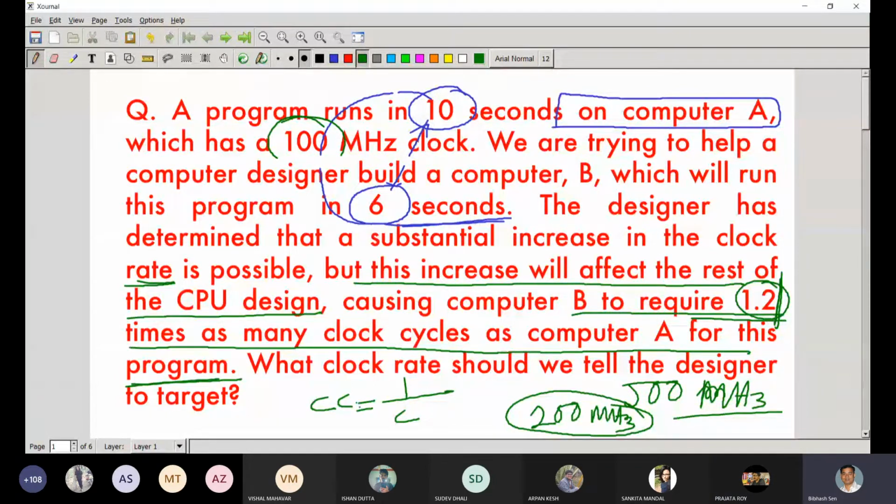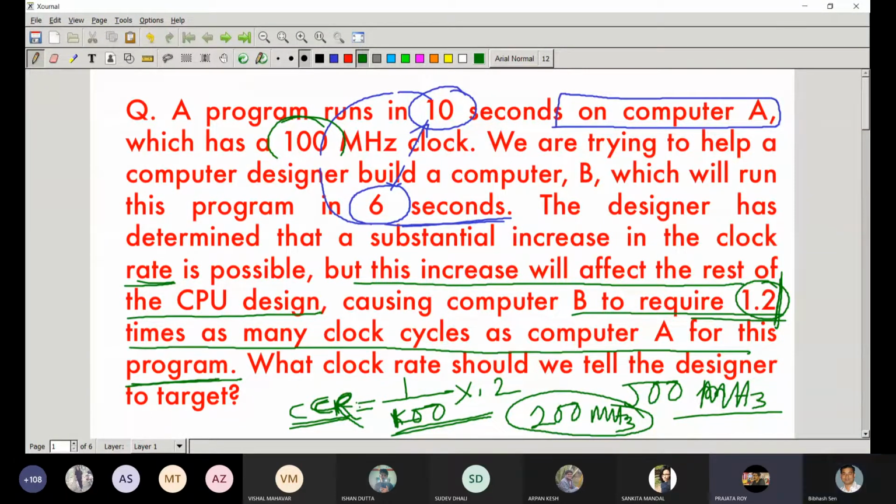Clock cycle time is 1 by clock rate, which is 1 by 100 megahertz. So we multiply that with 1.2 in order to get the clock cycle for B. Then how much are you getting?